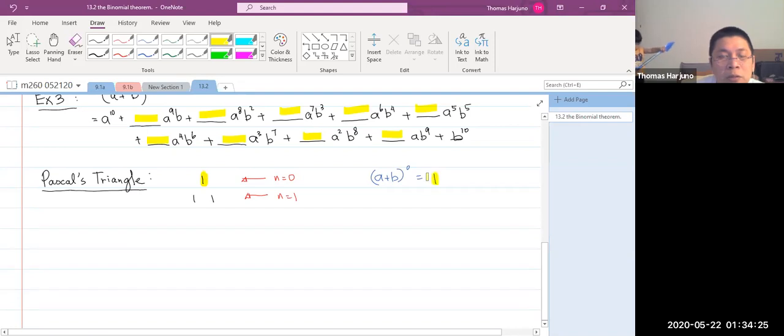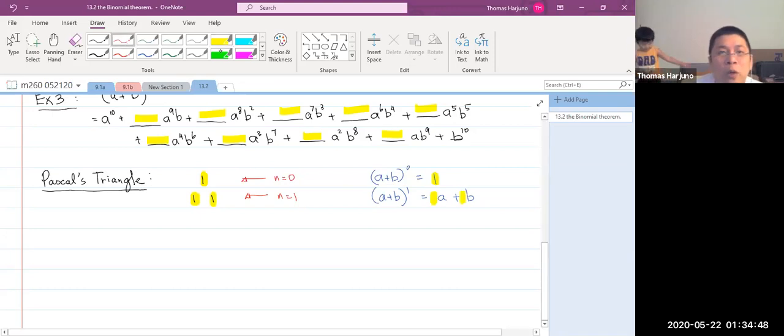Okay, and then a plus b to the 1 is just a plus b. It's this one and this one, coefficient 1, coefficient 1, right?